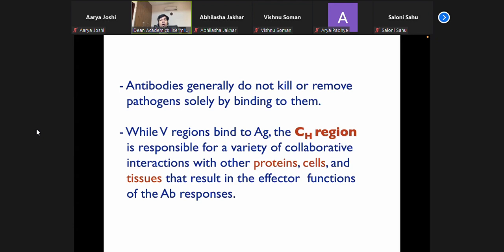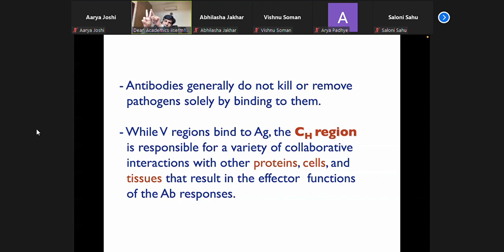Nonetheless, there are also some effector molecules associated with these antibodies, and those are the ones we are going to talk about in today's lecture. So understand the V region, the variable region. You have this antibody molecule, which has the projected arms and the stalk, right? The stalk is the Fc portion, and these arms are the variable regions.